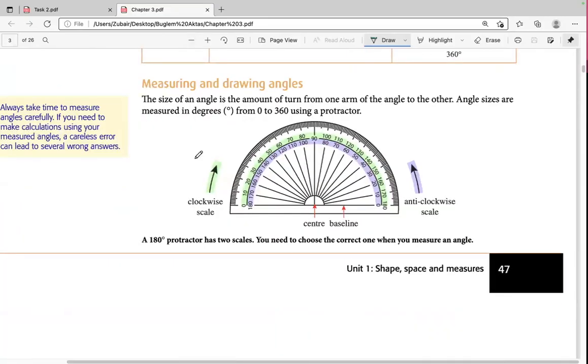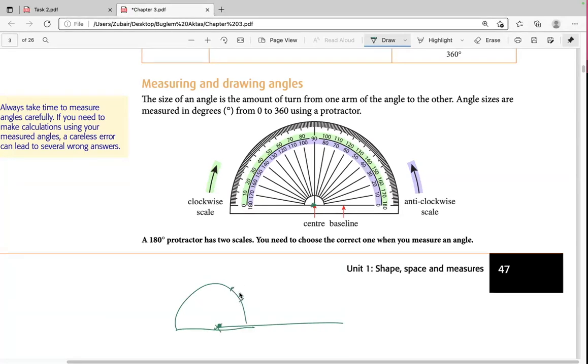Measuring and drawing angles. Do you know how to measure them? Yeah, I do. Okay. And you would also know how to draw them. For example, if I just use the same diagram and I have to draw 45, I would draw one line, mark that point, bring the point of intersection of the protractor over this point and see where 40 and 45 is.